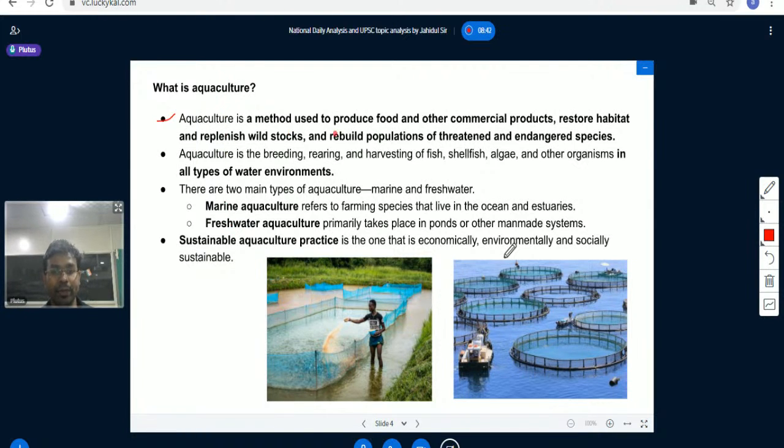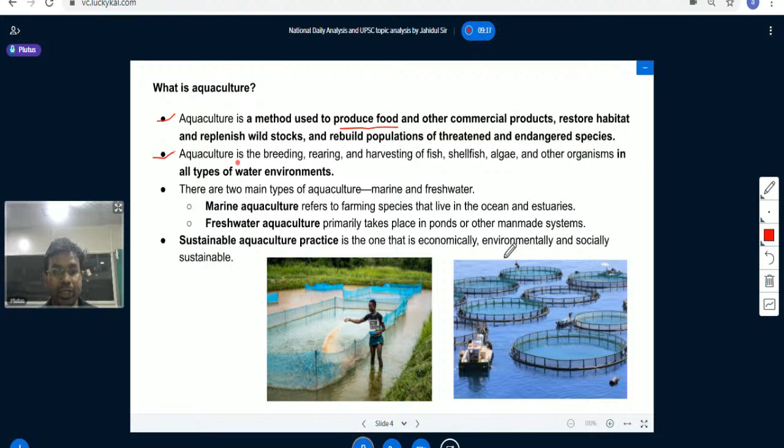Aquaculture is a method used to produce food and other commercial products, restore habitat and replenish wild stocks, and rebuild populations of threatened and endangered species. We produce fishes and these kinds of marine products.